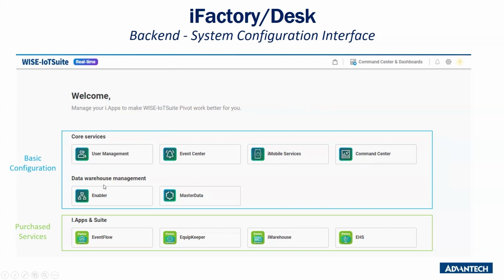And the enabler is for the data warehouse management as well as the master data. And at the bottom here, you can choose all those purchase services like I mentioned just now, like the OEE, Endo, shop floor, and other applications like EHS and the iWarehouse.